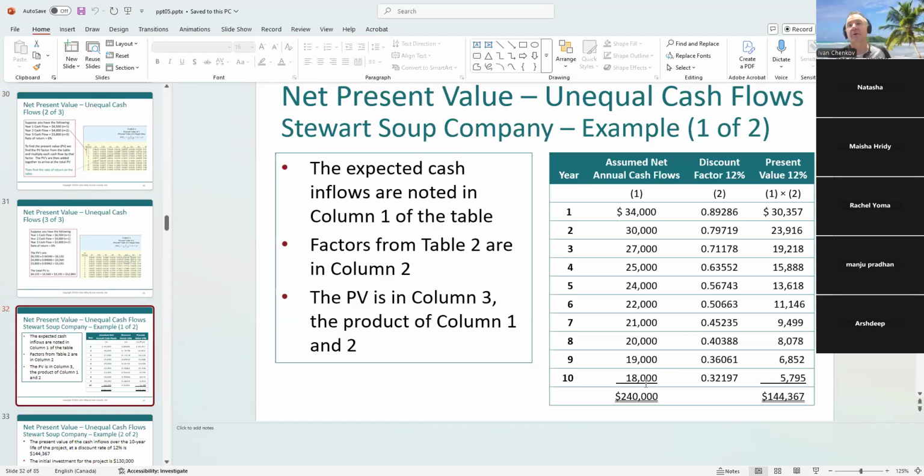We're getting different amounts. In total, we're still getting $240,000. Don't get it wrong. We're still getting $240,000, but we're getting different amounts every single period. Now, the question is, what's the present value of this $240,000 which I received in unequal amounts over the years, with, I believe, 6% as the discount rate.